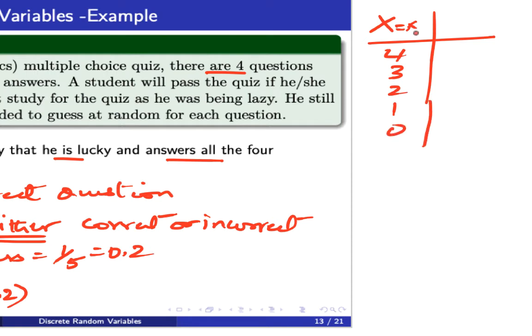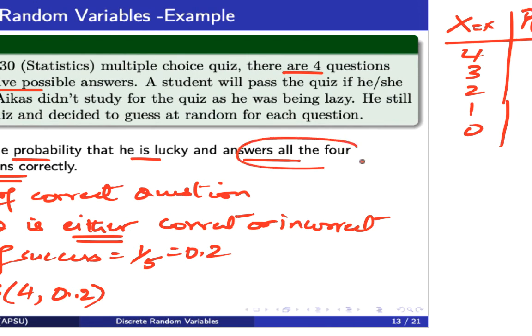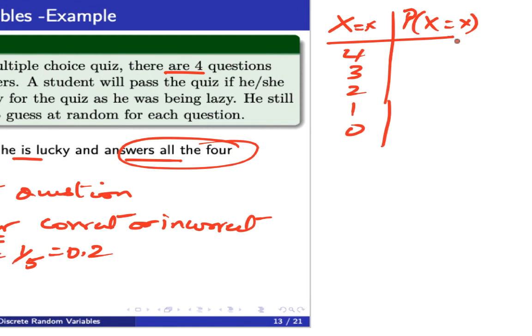Because it's a random variable, every random variable has a probability distribution. That means each of these x values will have a probability, and these are going to be binomial probabilities. So the question is, he gets all the 4 questions correct. Very lucky guy he is. He guesses all the questions, and very luckily he gets all of them correct.